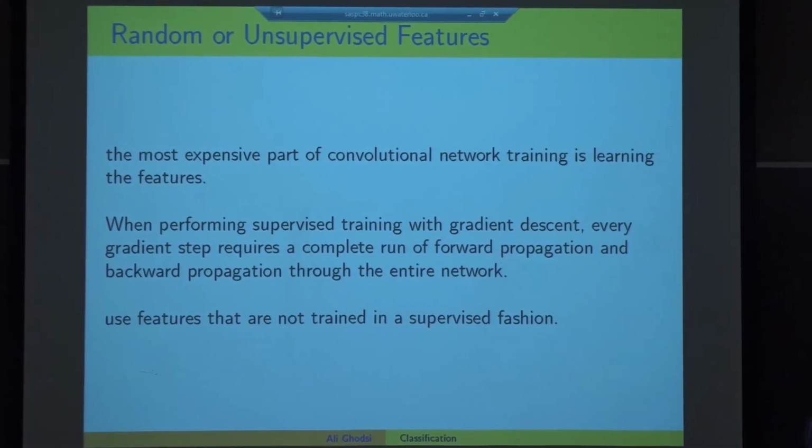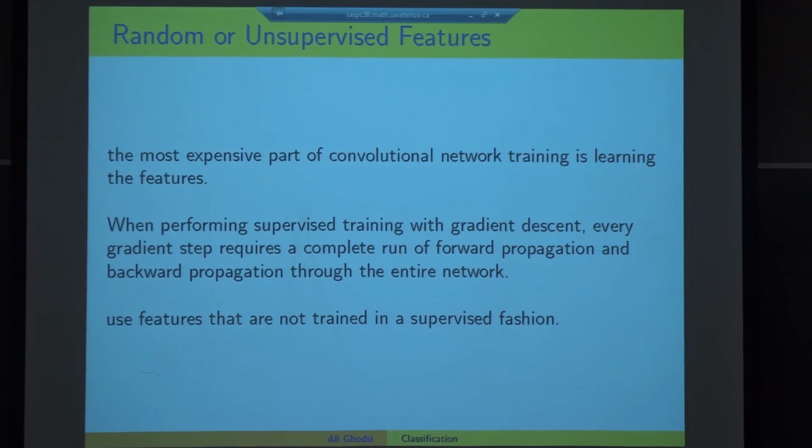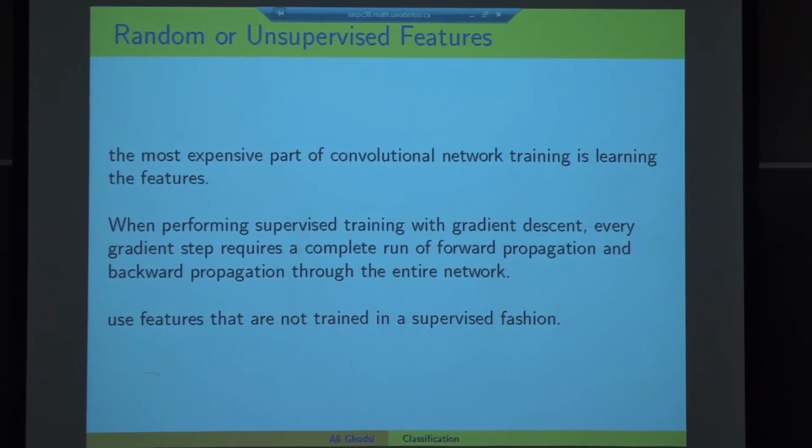We have to learn the weights, right? There are algorithms and papers that you can find that don't learn these weights in the process of supervised learning. They just set them arbitrarily to some random values.